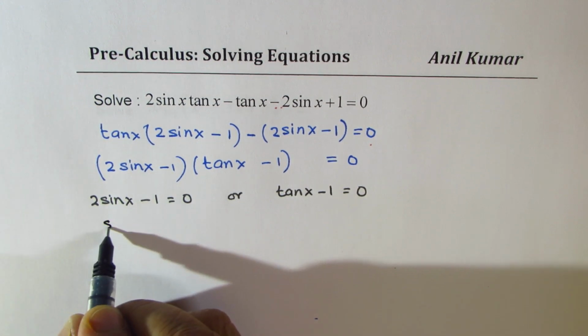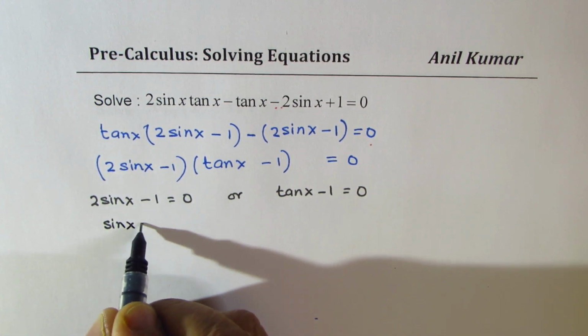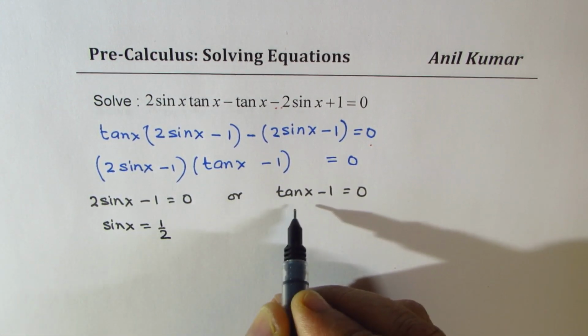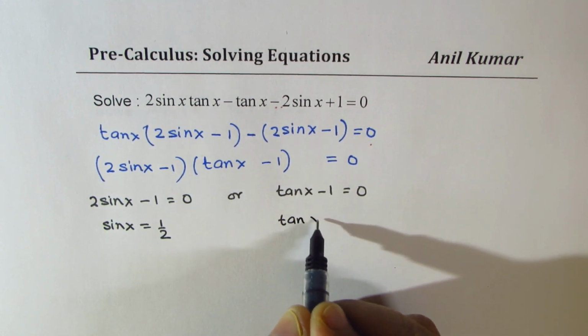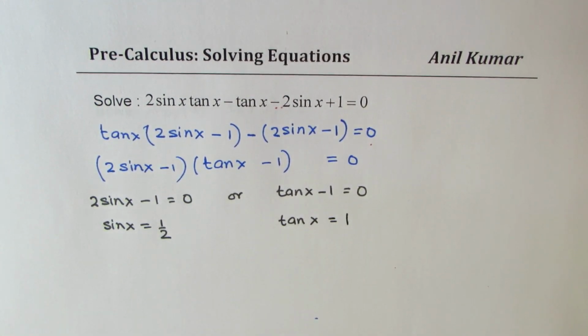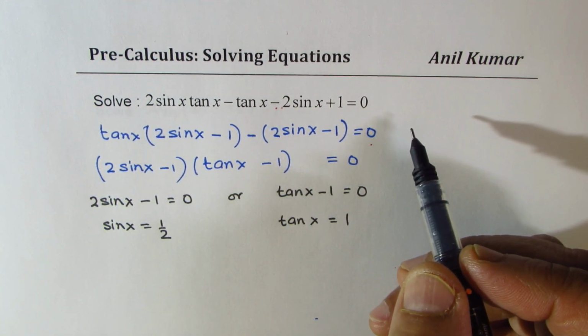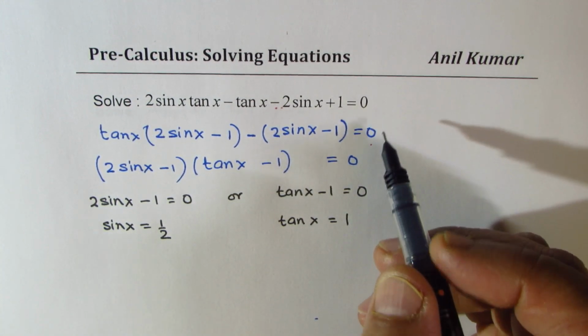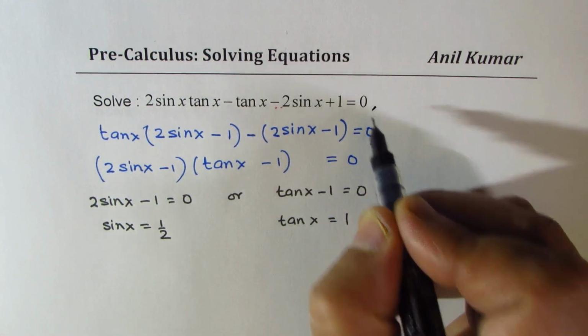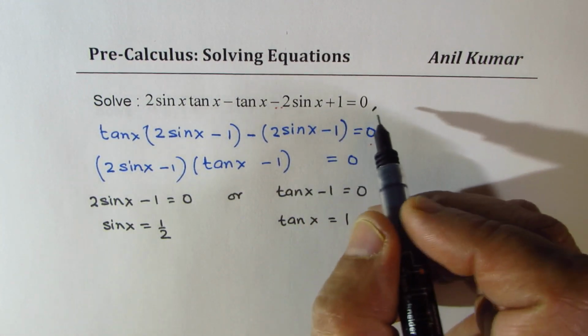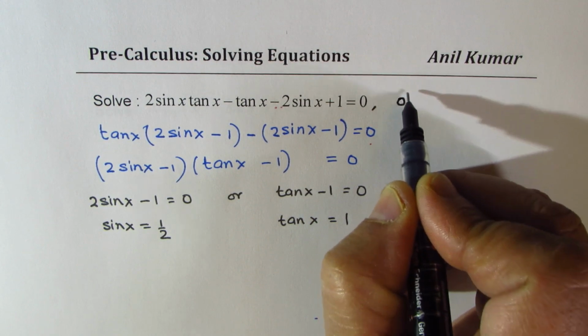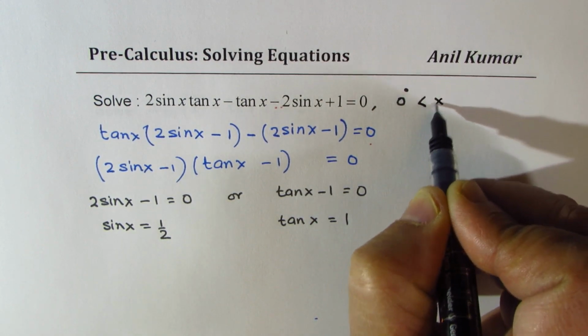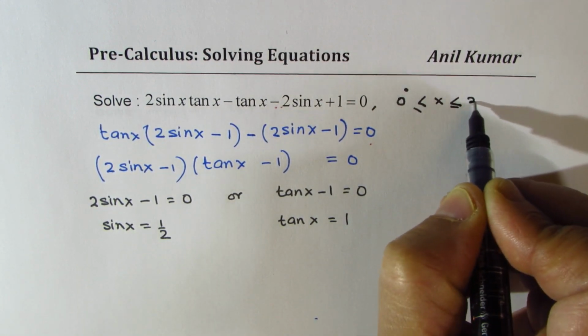That gives you sin x equal to half, and this gives you tan x equal to 1. Now in such questions, you might have a domain, or you might have general solutions. What I will do here is restrict the domain. So let's work in degrees for this example. Let's say the domain here is between 0 and 360 degrees.